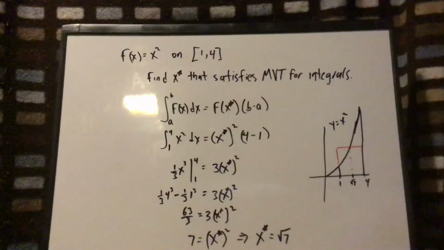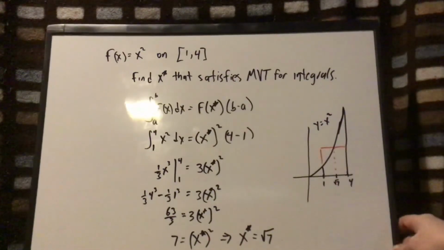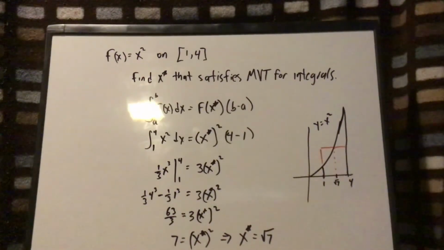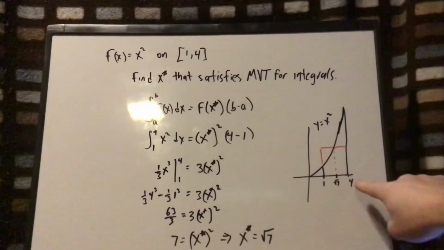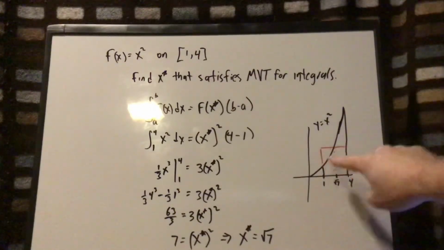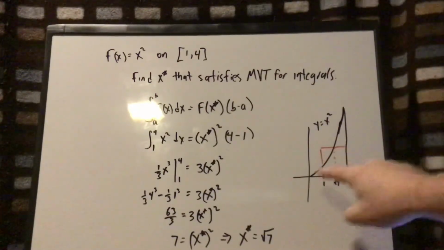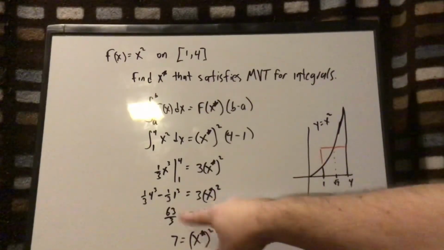And then I tried to draw a little picture on the right to show what property this spot has. Basically, if you calculate the area from 1 to 4 under x squared, you get this number 21.